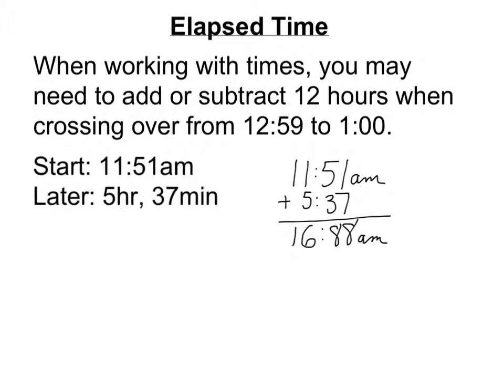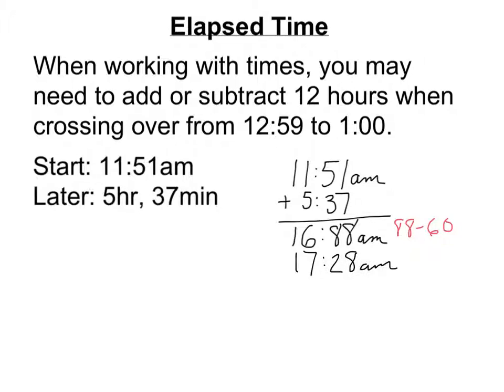So what we're going to do here is shift some things around. So I'm going to take 60 minutes off, and it's going to make 1 extra hour. So I'm going to have 1 more hour, so 17 hours. And if I take 60 off, so 88 minus the 60 minutes it takes to make an hour, is going to leave me with 28 minutes.